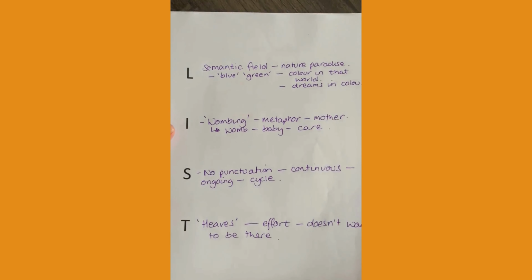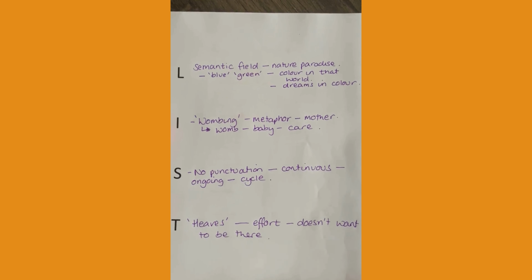so if we look at what we've got for that, we have the semantic field of nature or paradise, the fact that he uses colours when he describes the island and there is no colour in the world in London. The use of whooming to describe the sea, that idea of safety, that idea of comforting, that idea of mothering, where you are born, where you come from.